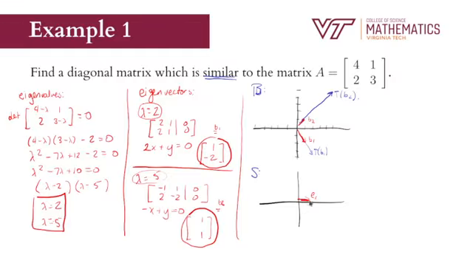So the transformed version of E1 should be 2 times E1. And the transformed version of E2 should be 5 times E2, which is going to be somewhere up here.